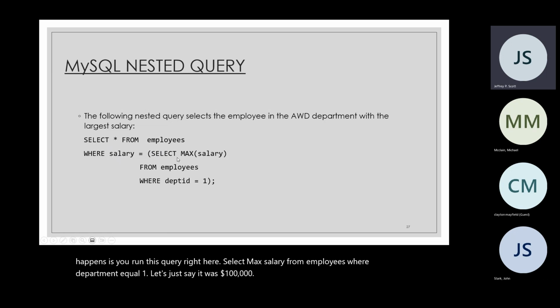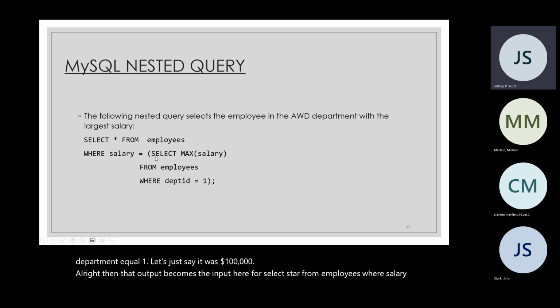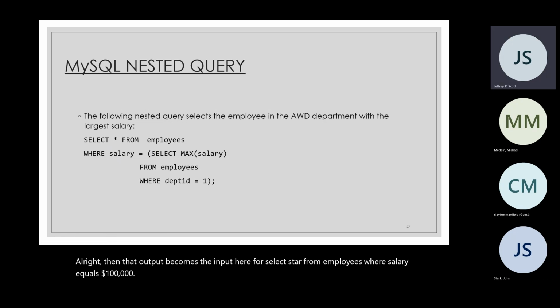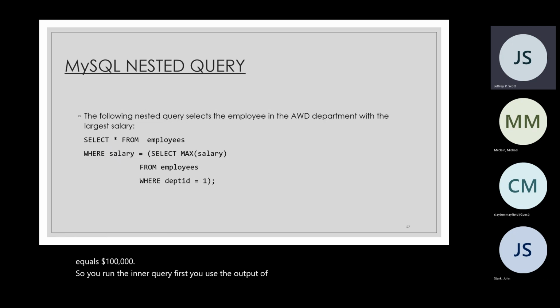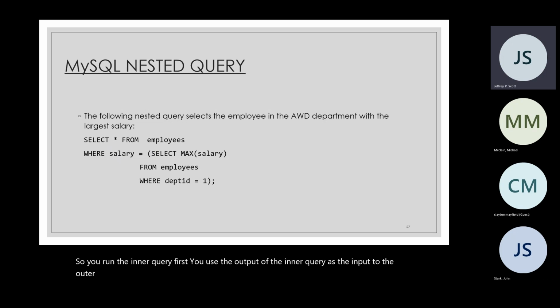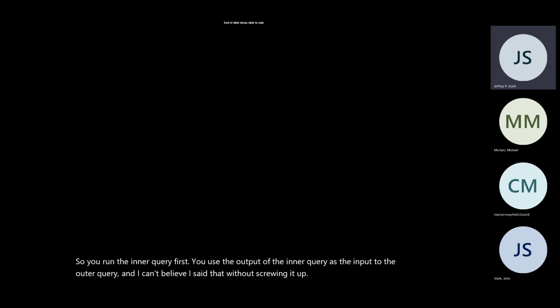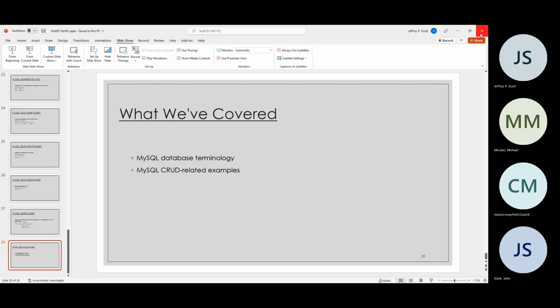Then that output becomes the input here for select star from employees where salary equals $100,000. So you run the inner query first. You use the output of the inner query as the input to the outer query. All right, so that's the third one.